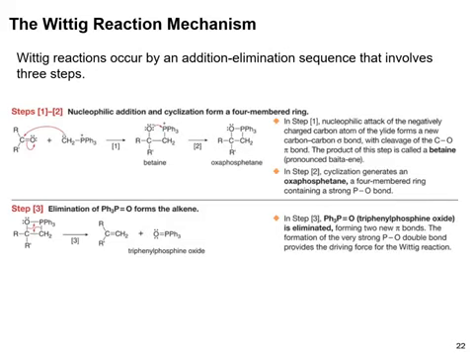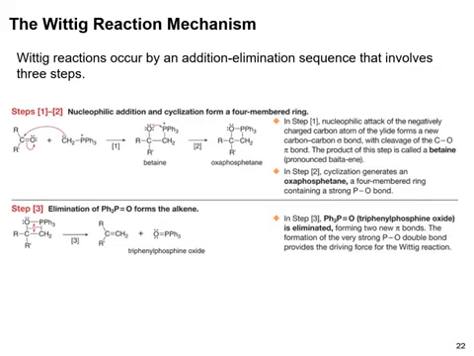This is the mechanism of the Wittig reaction. The ylide carbon attacks the carbonyl carbon, and this gives an alkoxide anion, and this alkoxide forms a four-membered ring with the phosphorus, and this four-membered ring is called an oxaphosphetane.